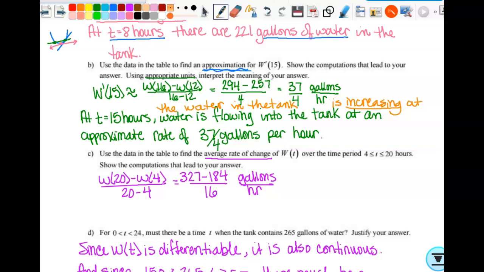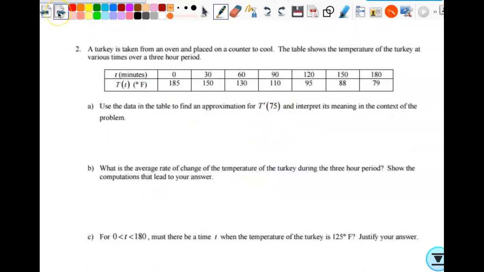We finished all through D on this, right? Okay. So let's flip this over then, if you're done writing, and we'll do number 2. It is important that we actually start by reading what this says. You can't just ignore that part of it, right?